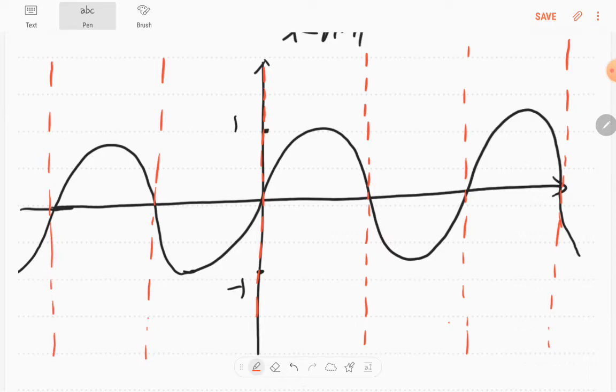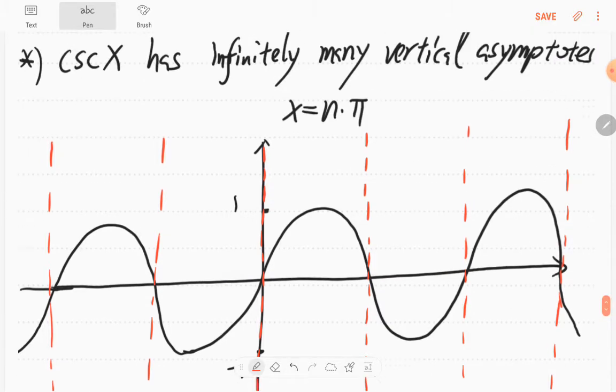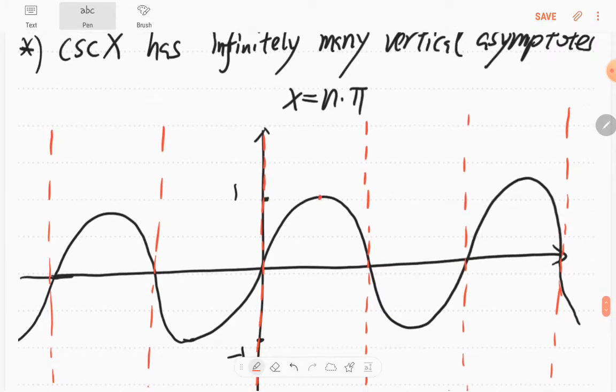So the curve would be, because it's 1 over sine, like the reciprocal, right? So we flip the curve about the peak. But not just flip, because it has a vertical asymptote. So it's like a flip, but it's not exactly a flip.